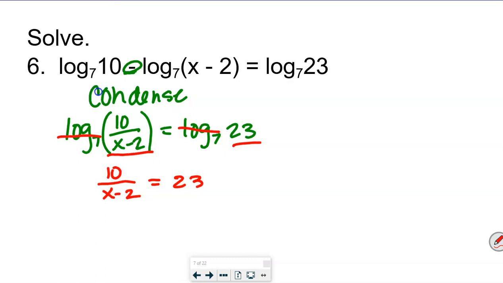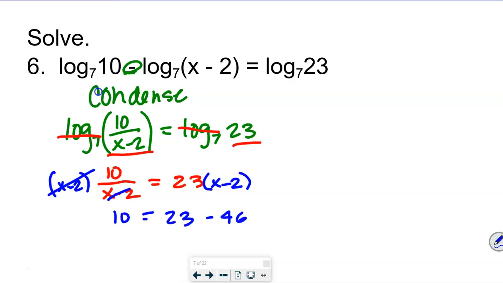How do we get rid of that x minus 2 in the denominator? We multiply both sides by it. Okay, so that means this and this cancel out. We're left with 10 over here. So this is going to be 23x minus 46. Then we're going to add 46 to both sides.